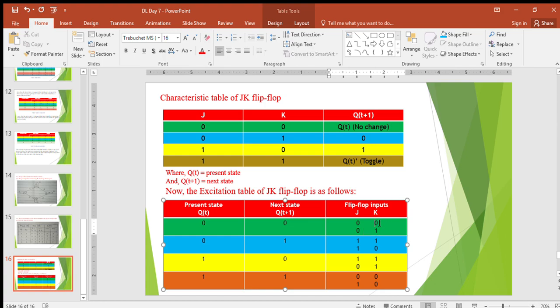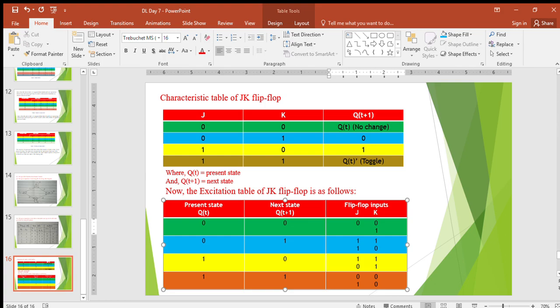So J is always 0. For the K input, we do not consider whether it is 0 or 1. We can define K as 0, and we can define K as 1 as well. So we cannot mention K particularly as 0 or particularly as 1.